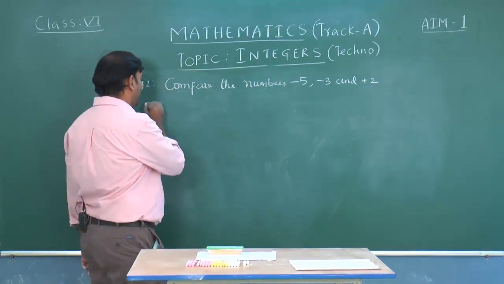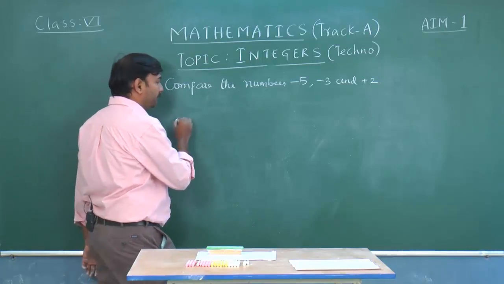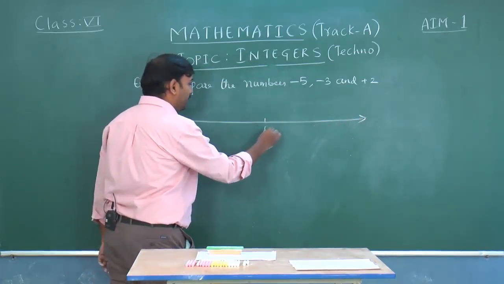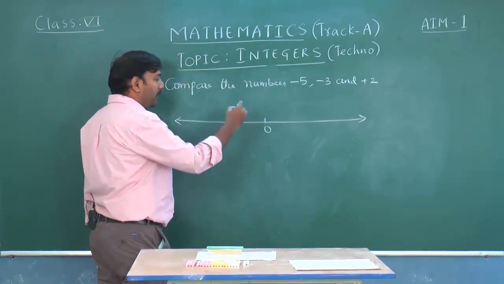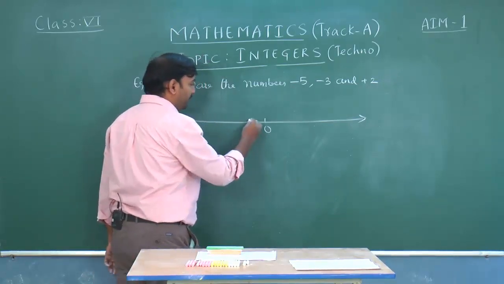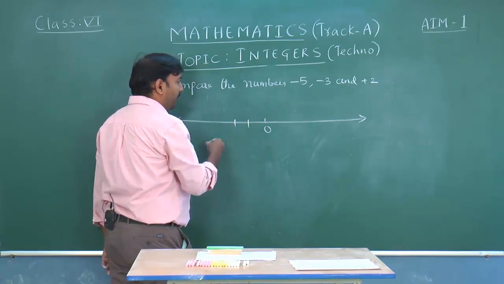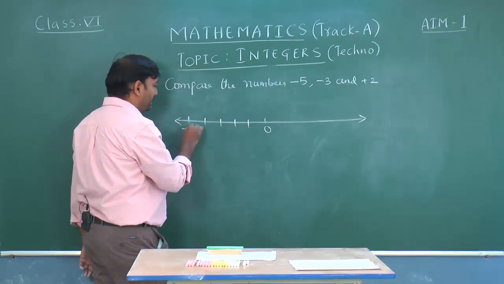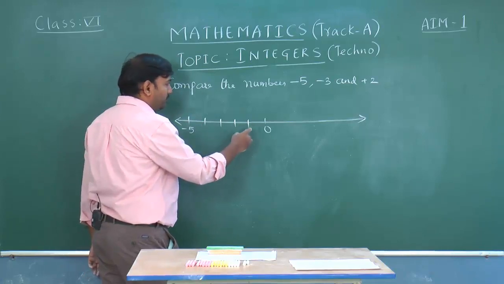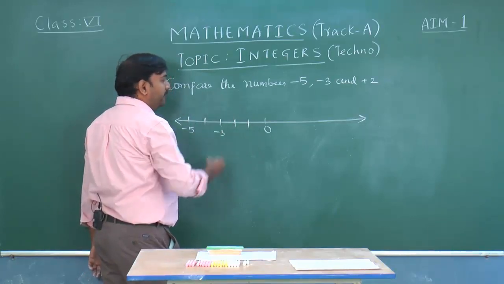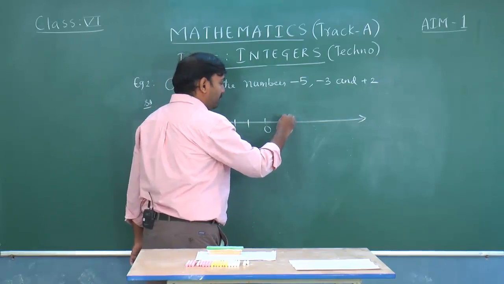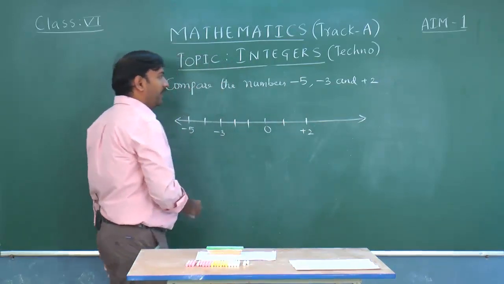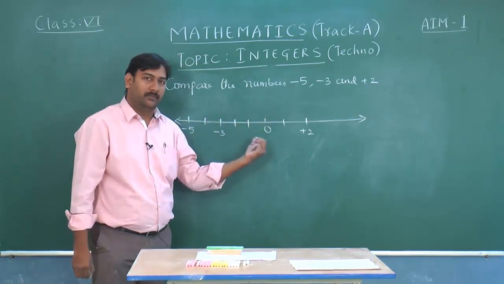Draw the number line, marking 0 in the middle, and mark the numbers given to us. So we have -1, -2, -3, -4, -5. This is going to be -5, and -3 is here. We also have a positive integer, +2. So we have marked all the numbers on the number line.